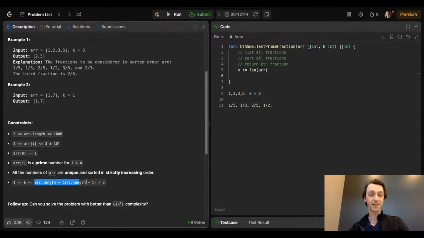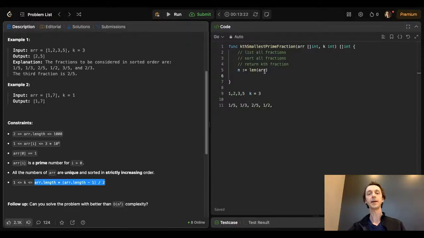Which suggests, by the way, well, not completely n squared, but sort of, because what is this? This is n minus 1 divided by 2. Well, no, this is n by n minus 1. Yeah, this constant, asymptotically, this is n squared, which suggests that we're not going to iterate all of them.